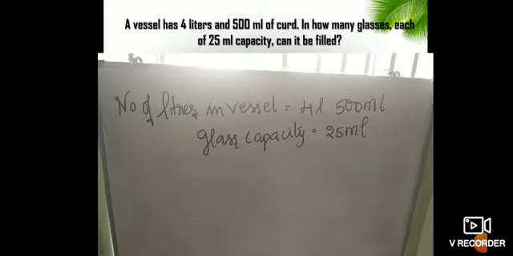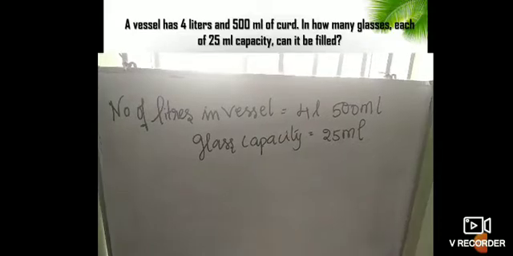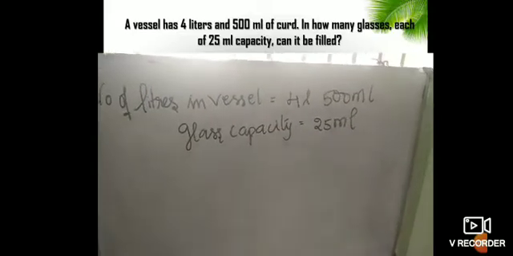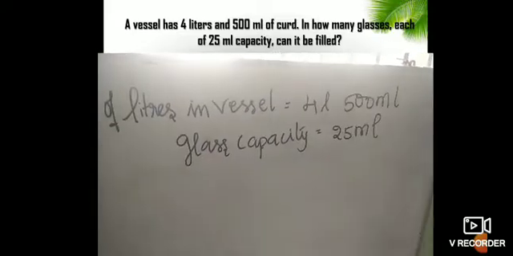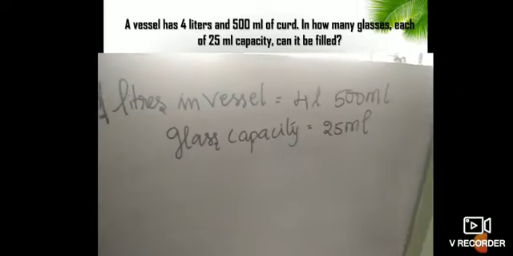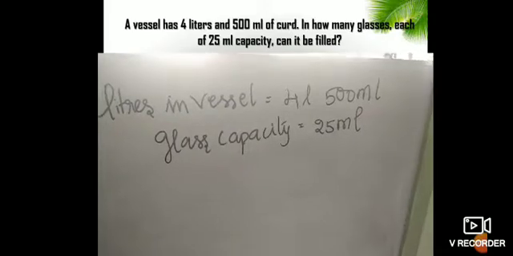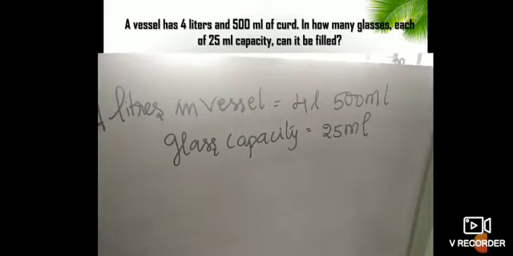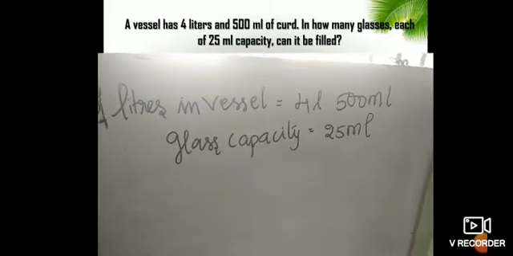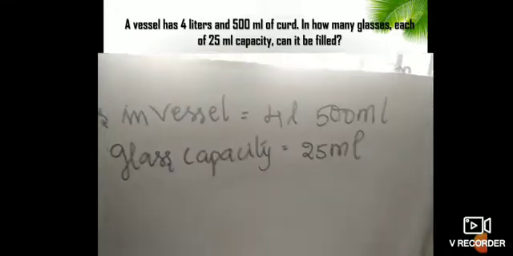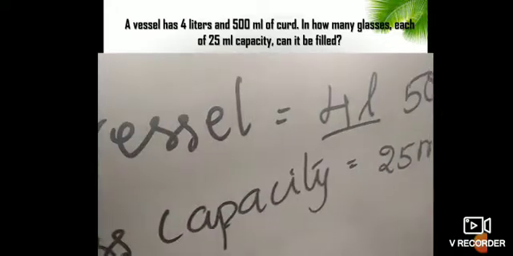So read the given data, children. The number of liters of curd in the vessel is 4 liters 500 ml. Each glass has a capacity of 25 ml. So how many glasses does it take to use this 4 liter 500 ml curd? So first convert this liter to milliliter.